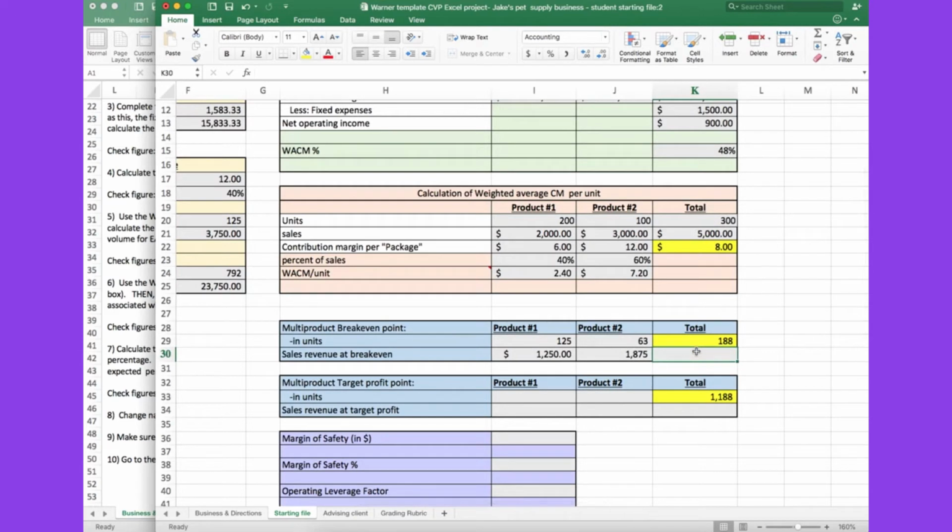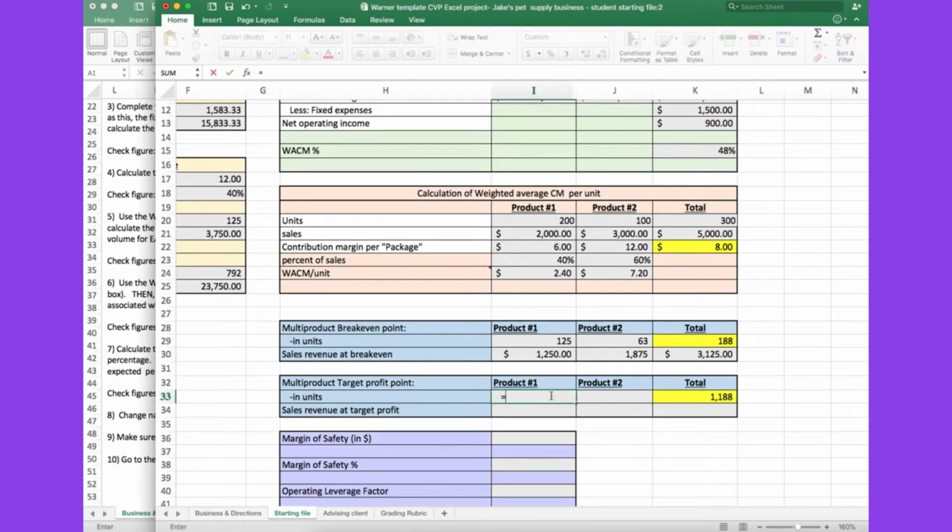There's that. So our total sales revenue at break even here is going to be the sum of those two, thusly, $31.25.